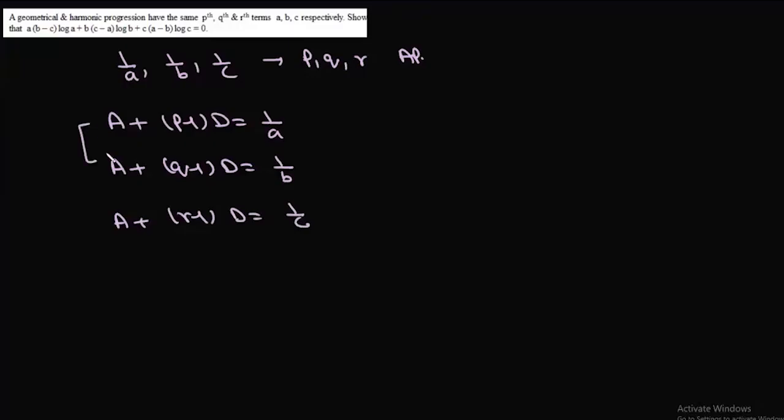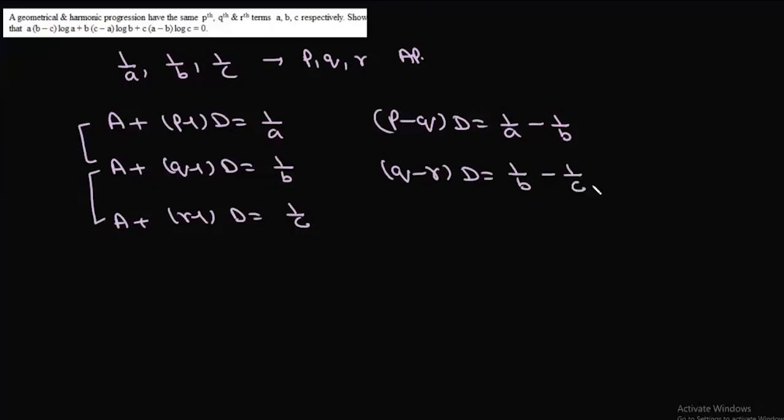Now if we subtract these two, we can write (p minus q) into d, it is equal to 1 upon a minus 1 upon b, and the same way if we subtract these two, we can write (q minus r) d equals 1 upon b minus 1 upon c.